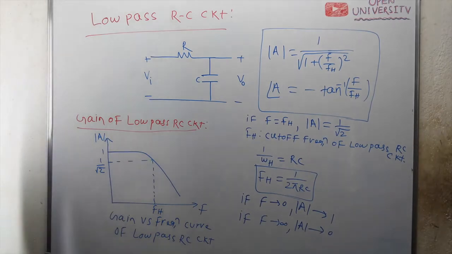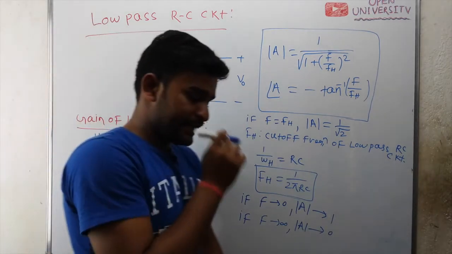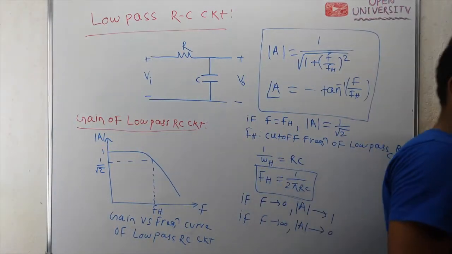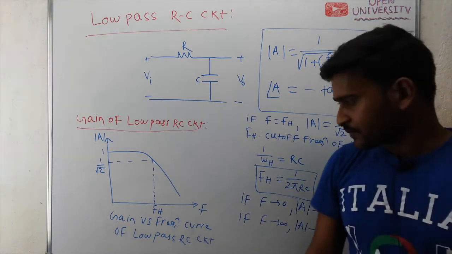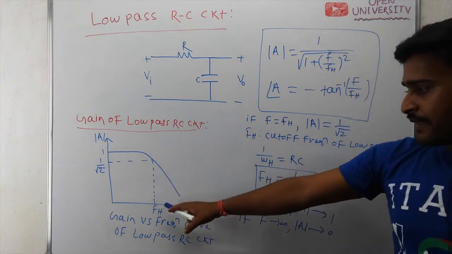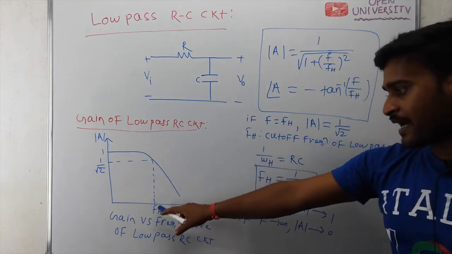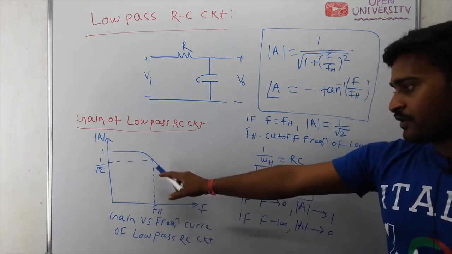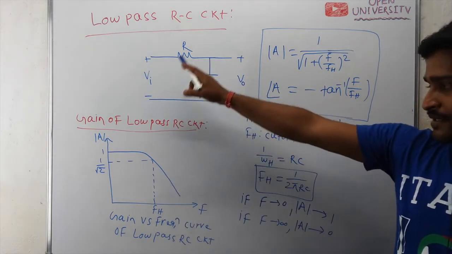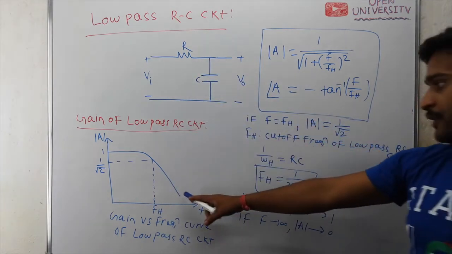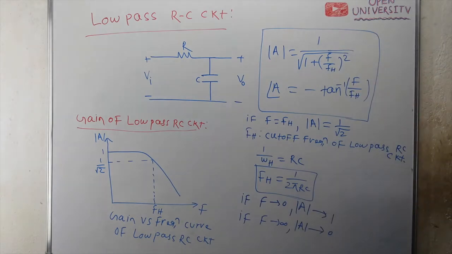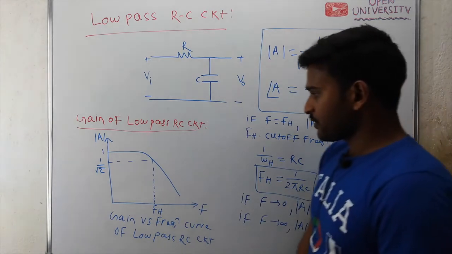And since here gain becomes 1 by root 2 times maximum gain at a very high frequency, low pass RC circuit is having a higher cutoff frequency.